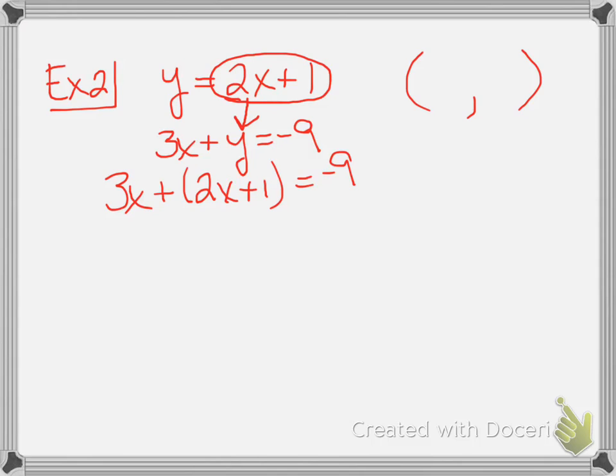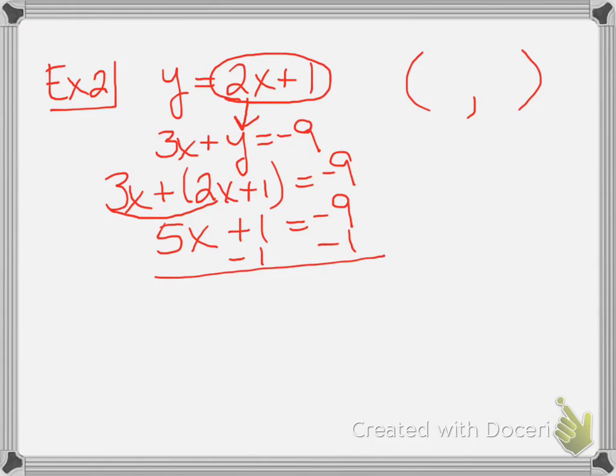To solve this for x, I combine my like terms, 3x plus 2x is 5x, plus 1 equals negative 9. Now I need to get x alone. I'm going to subtract 1 from each side, and 5x equals negative 10. Divide by 5. x is negative 2.